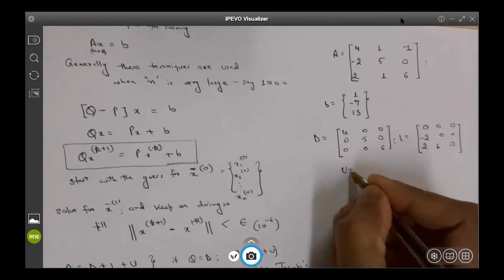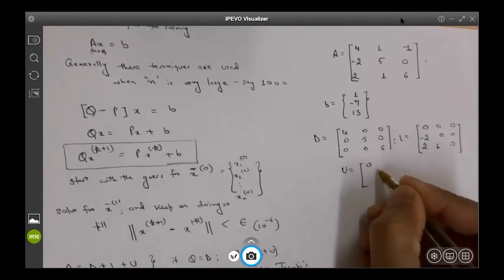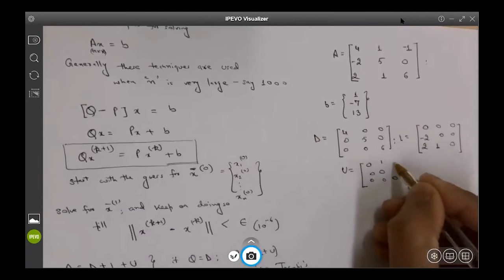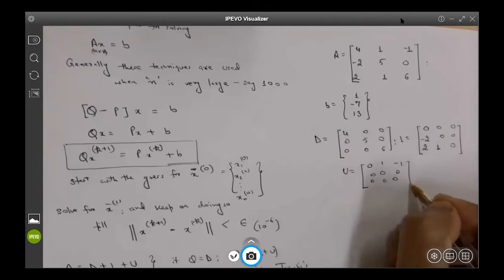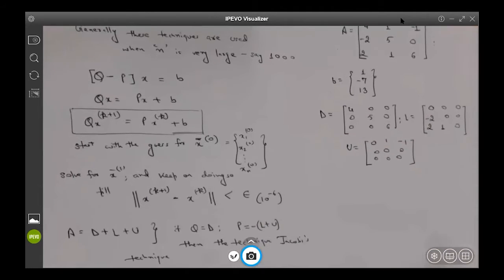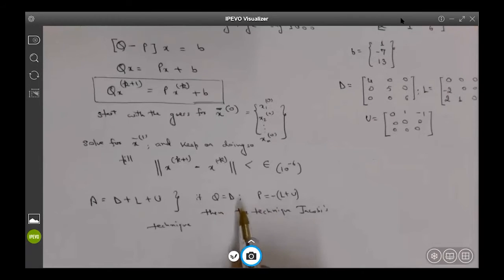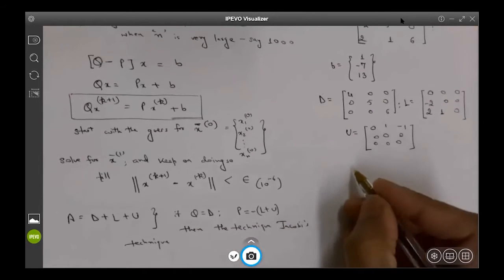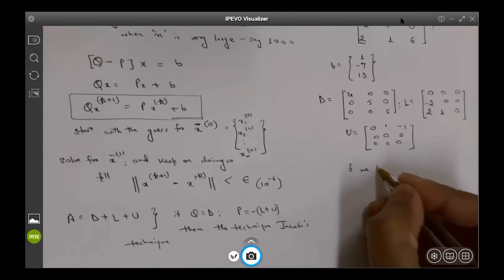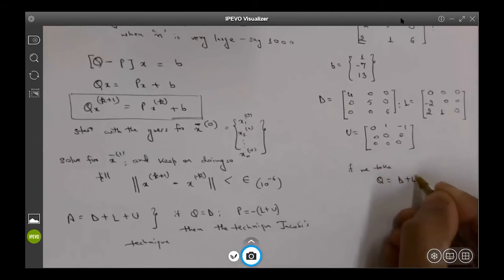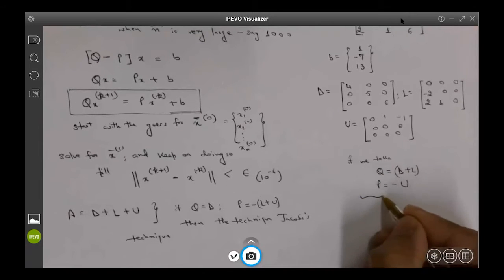And your U matrix would be 0, 0, 0, 1, negative 1, and 0. So if instead of using Q as D and P as negative L plus U, we take Q as D plus L and P as negative U, then what we have we call the Gauss-Seidel technique.